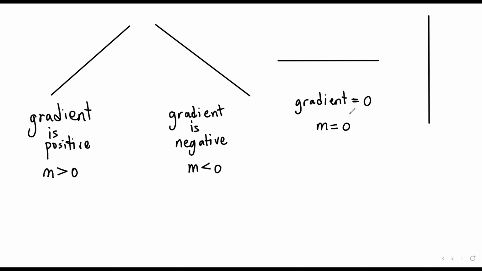And then a vertical line. What about the gradient of a vertical line? Anybody knows? It's undefined, right? So the gradient of a vertical line is undefined.